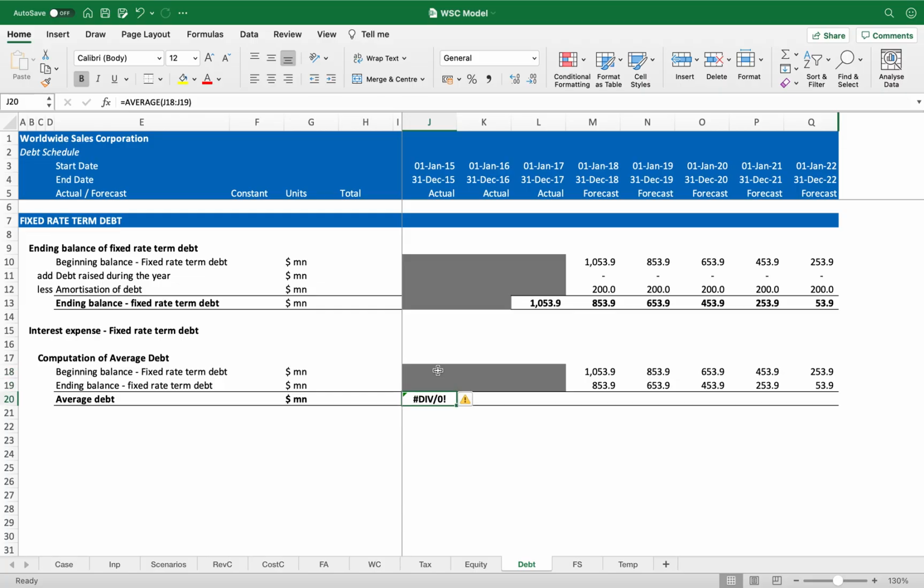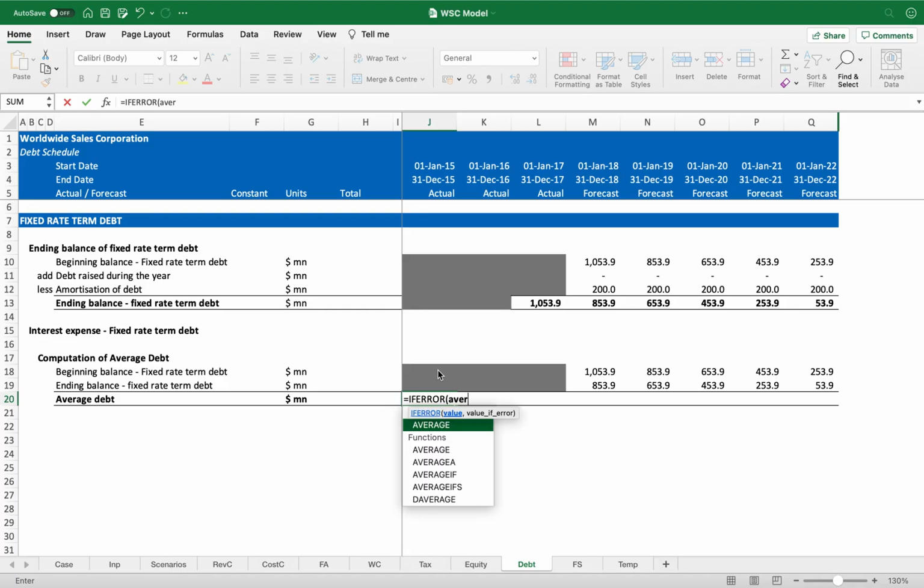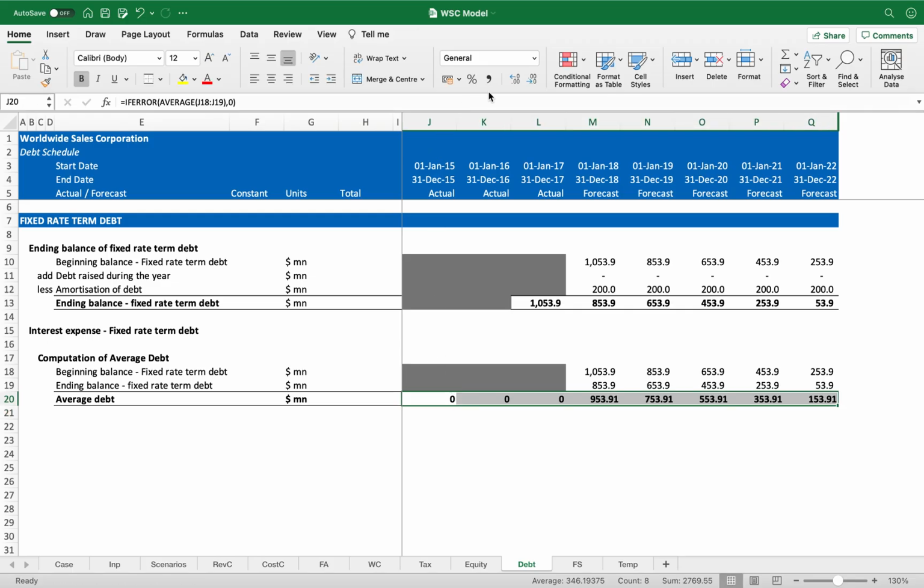And hence you get the error. So if this computation results in an error, then give me 0, right? We have practiced if error.